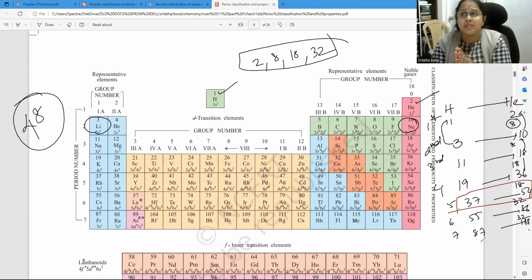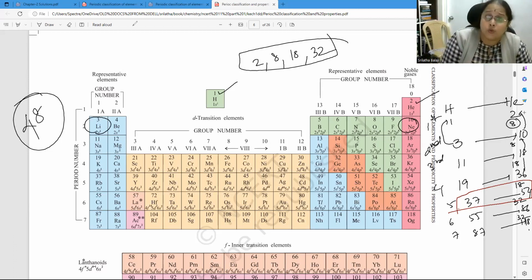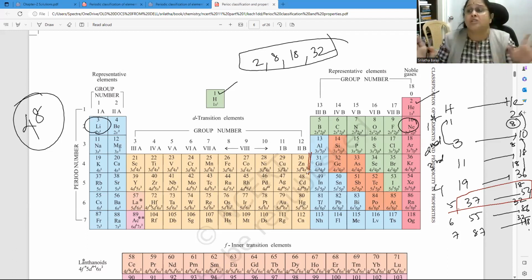Is that understandable, students? Right. One thing you have to remember is at least the first 4 periods. I'll say it's mandatory up to atomic number 13. It's a must.